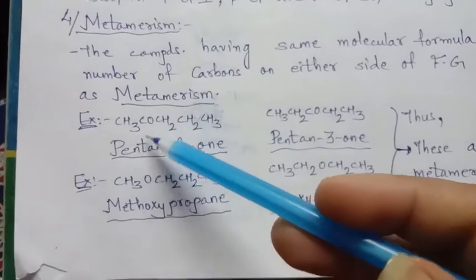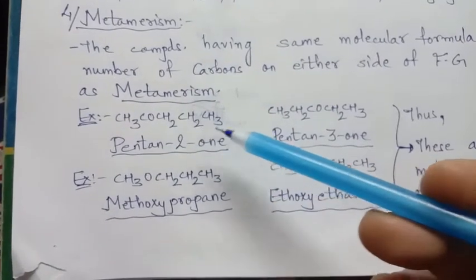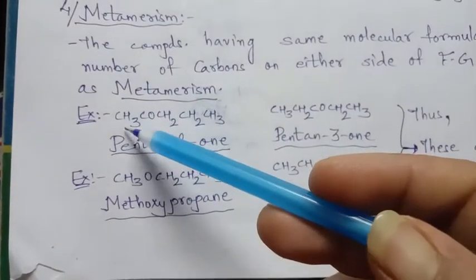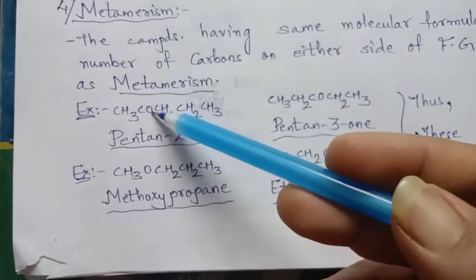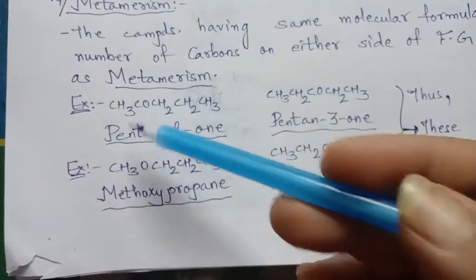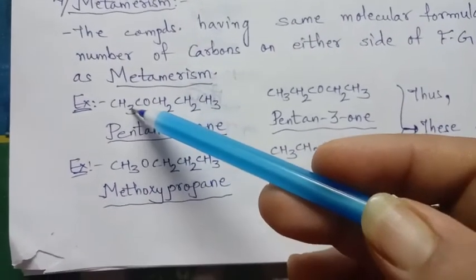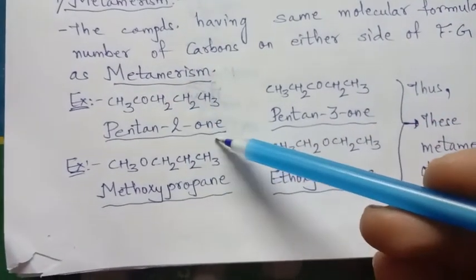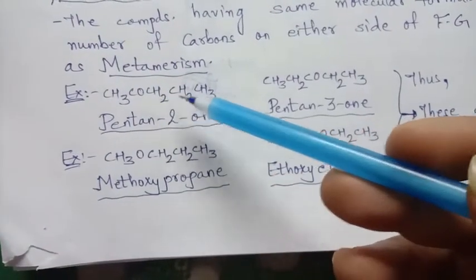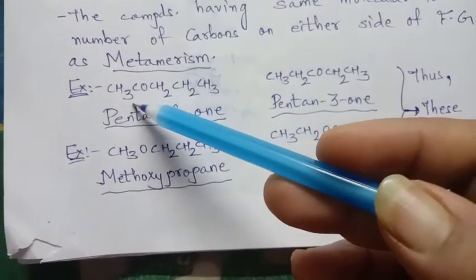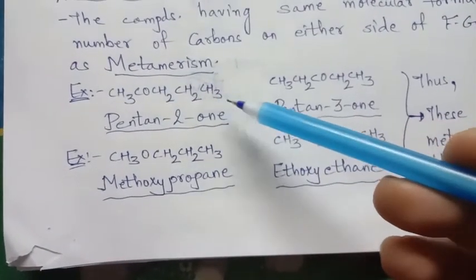Here is CH3-CO-CH2-CH2-CH3. So how many carbons? 1, 2, 3, 4, 5. From this side, this is the second carbon. From this side, it will be the fourth. So the name is pentan-2-one. So how many carbons? 1, 2, 3, 4, 5. And hydrogens: 3, 4, 5, 6, 7, 8, 9, 10.